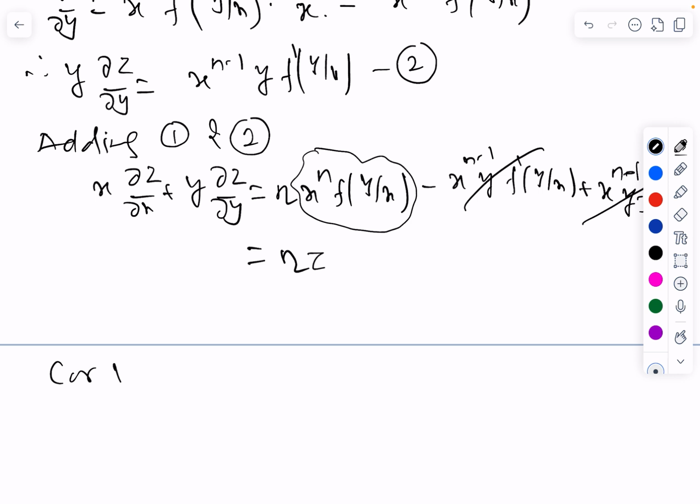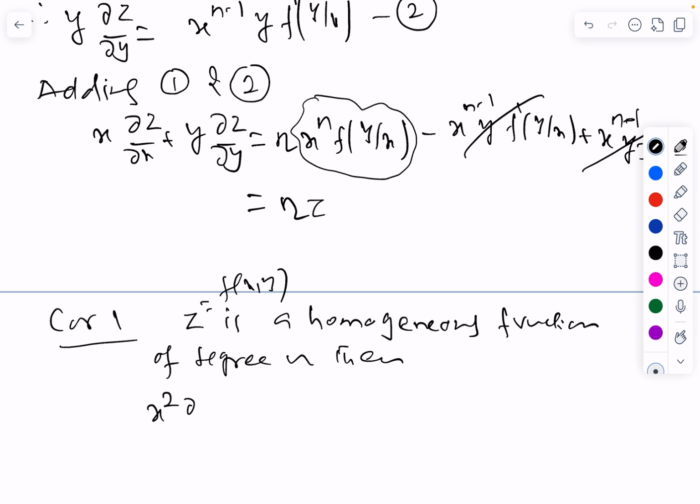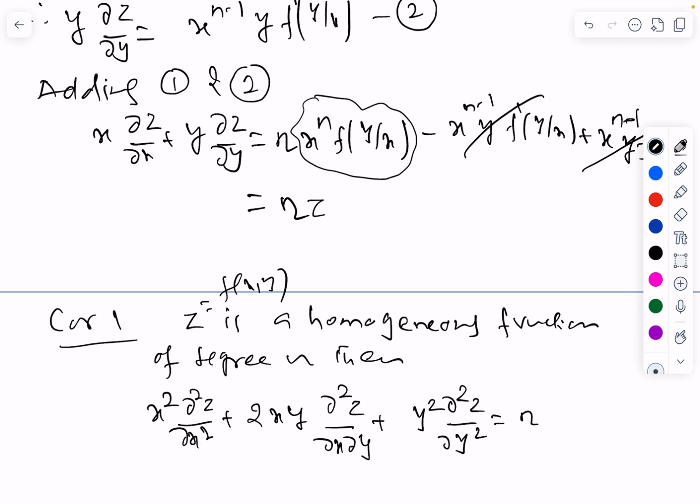There is one corollary. Like the same, z is a function of x and y, a homogeneous function of degree n, then x square del square z by del x square plus 2xy del square z by del x del y plus y square del square z by del y square equal to n into n minus 1 into z.